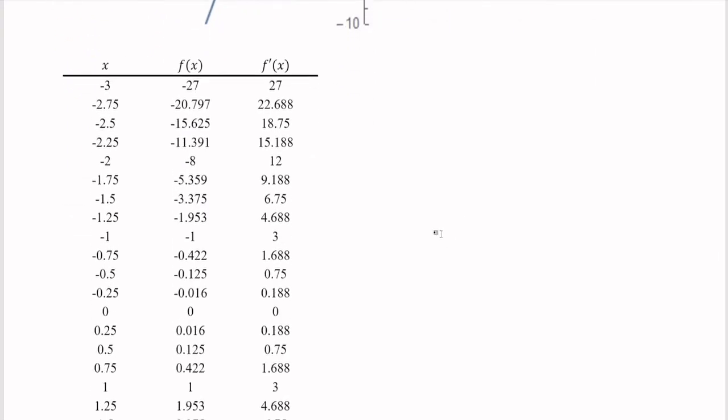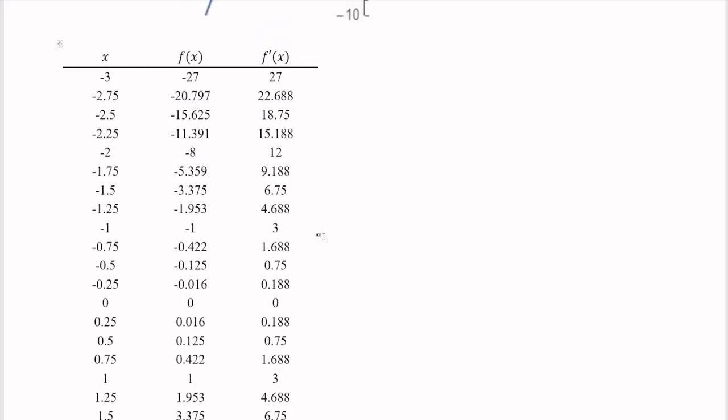All right, so we got this going. Let's see what this says. We've got x, the function, and its derivative. Derivative, positive, positive, positive, all the way down, all positive except for right here it's 0. So what does that tell me? F of x, notice I'm talking about f here, not f prime, f of x is increasing because the derivative is positive.